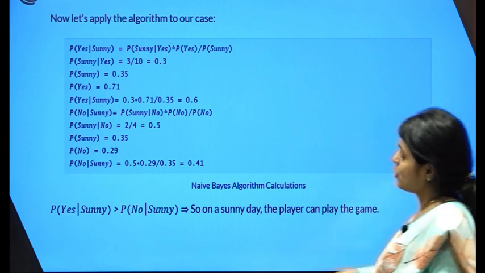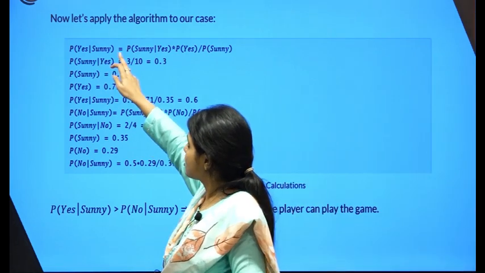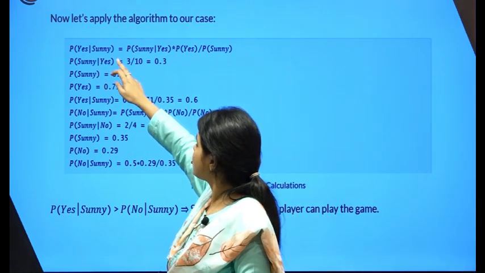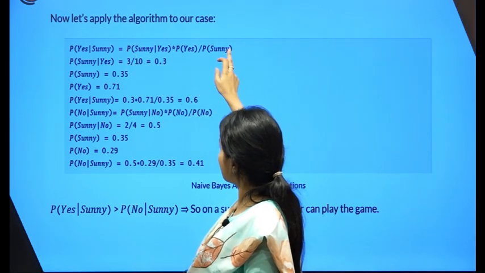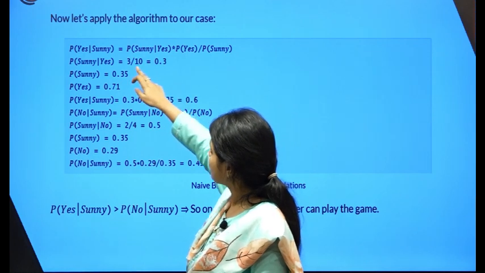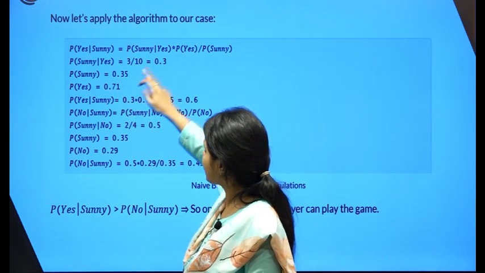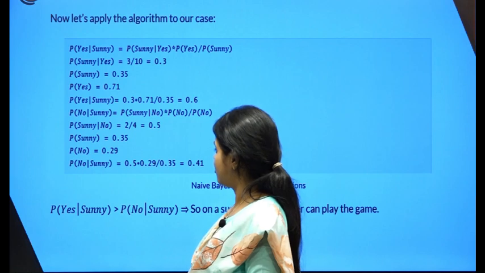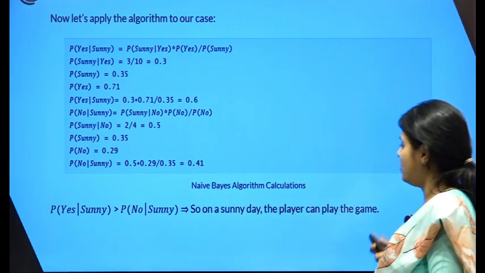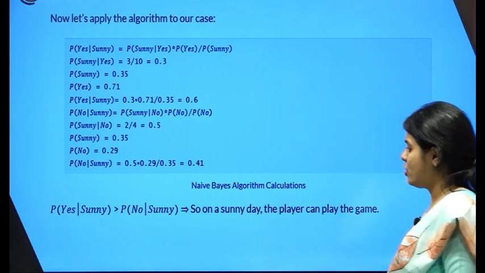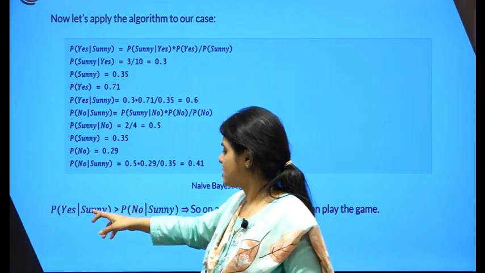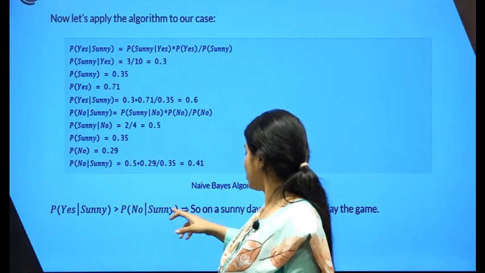Now you have to decide: the probability of yes based on sunny is equal to probability of sunny given yes, into P of yes, divided by P of sunny. This is our Bayes theorem. You have to calculate for everything and then apply the values, and in this way you will get an approximate value. Here, probability of yes given sunny is greater than probability of no given sunny.